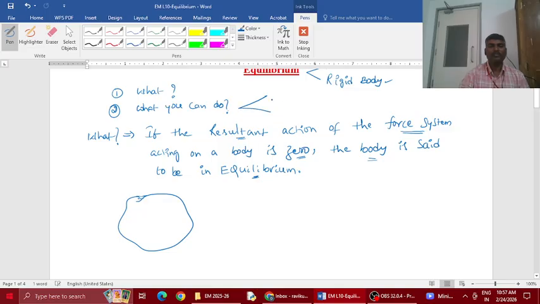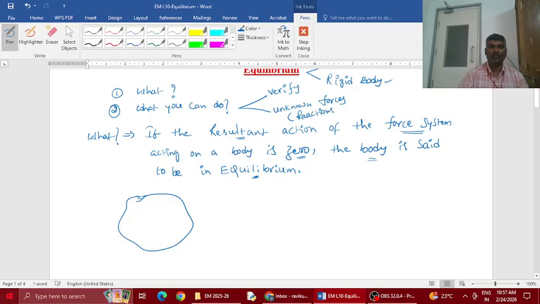Then going back to the second question, what you can do with this? We do two things. One is we verify whether the given body is in equilibrium or not. The other way, we find unknown forces, preferably the reactions.